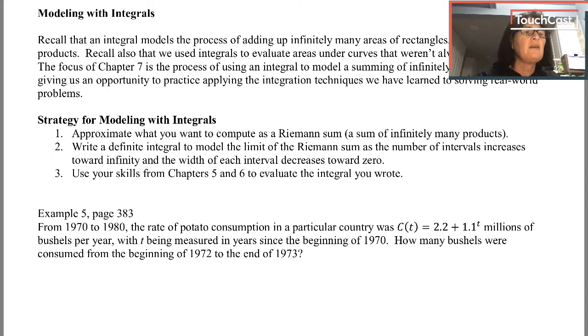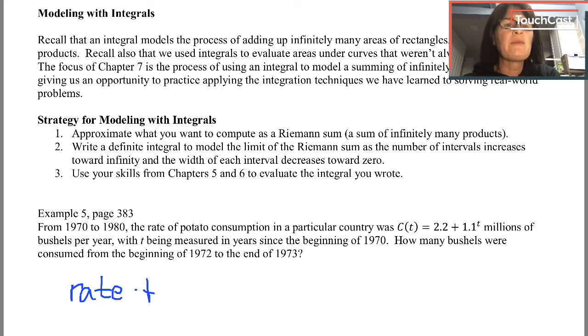It's not like back in middle school when you wanted to find out how far something had gone, the speed was always a constant. You just multiplied it by the time. So this is what I want to figure out. I want to multiply the rate at which potatoes are consumed times the time interval that I want to measure over.